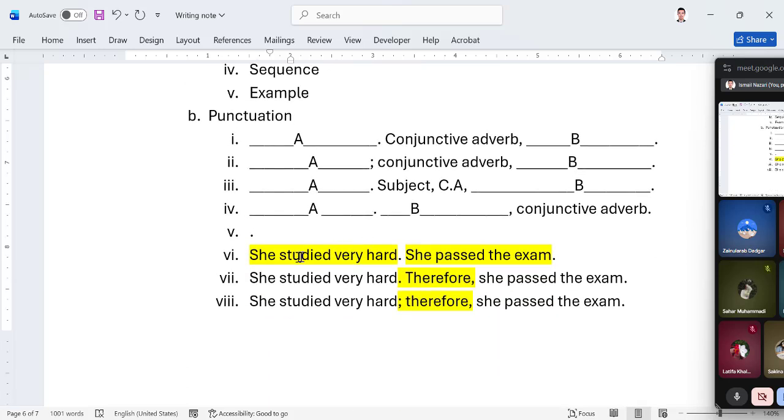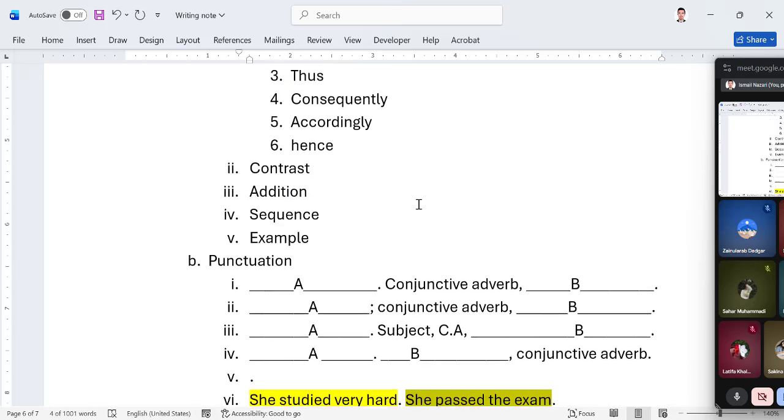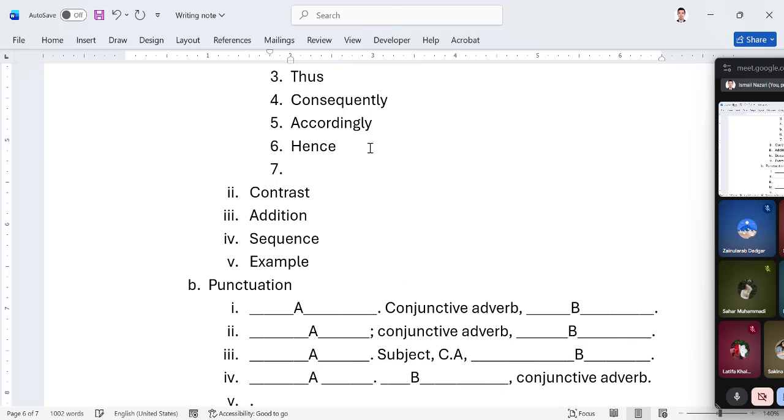as we have used here with therefore. The sentence: She studied very hard and the result was that she passed the exam. A good example, let's say I will have a sentence. For example, the roads were crowded, and then I can use a dot or a semicolon.